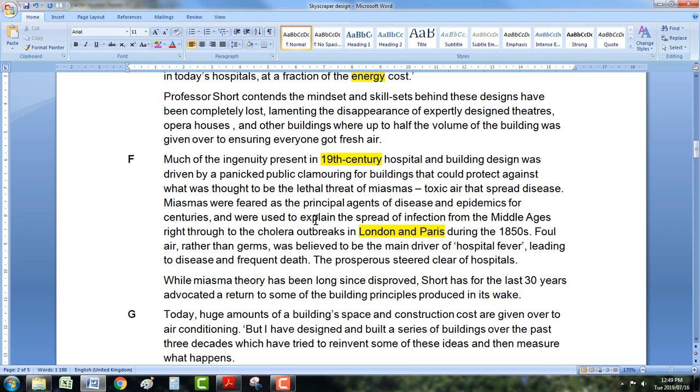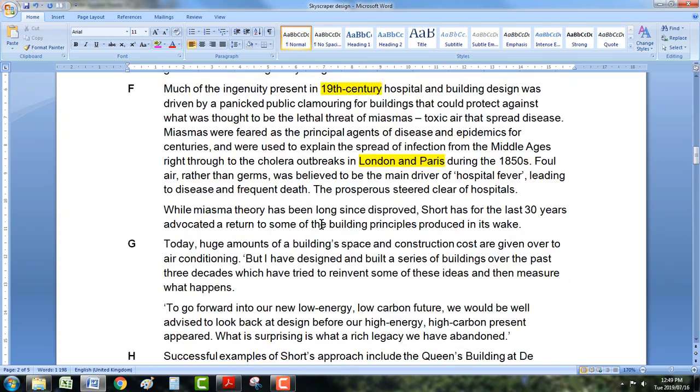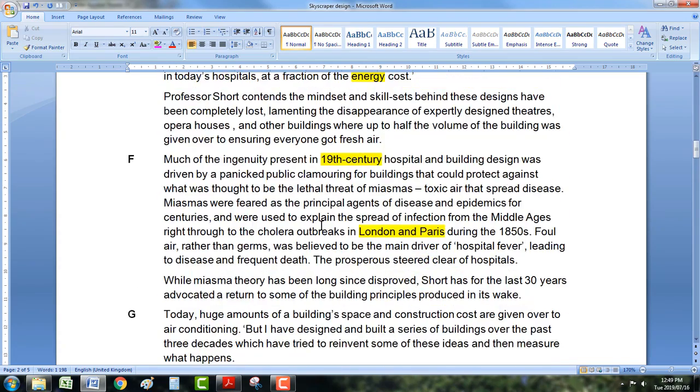But okay, maybe we can guess some other way. We're looking for a noun. Demand. Who demands? It's people usually demand. Much of this was driven by the public who were demanding buildings that could protect against it. Not easy at all, but if you looked for a noun, there aren't many other possibilities in this whole thing.